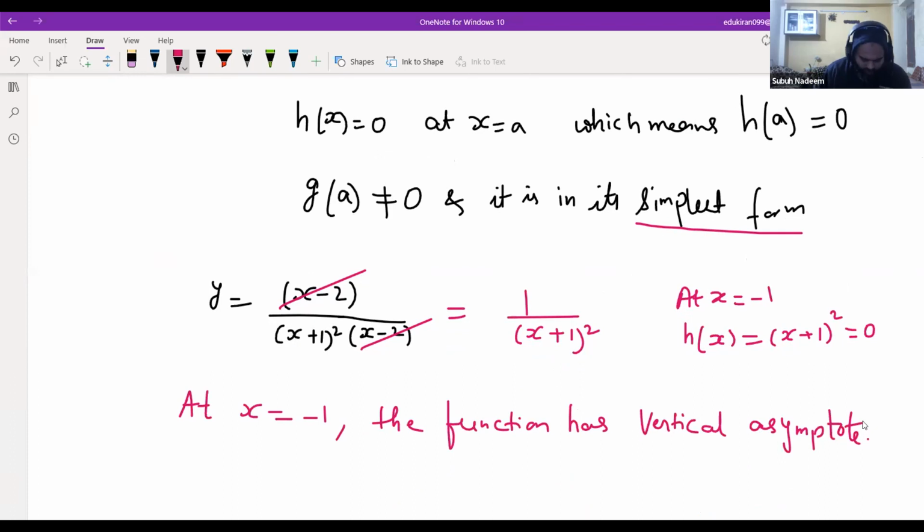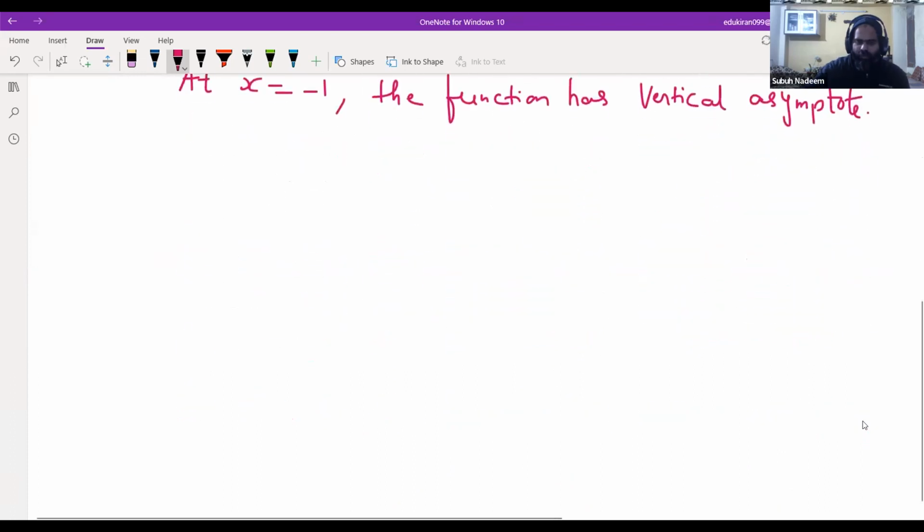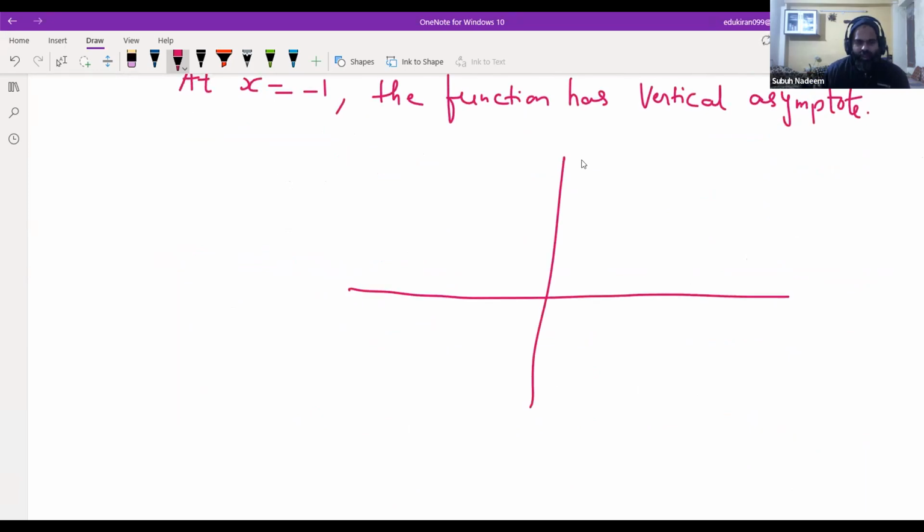So they have shown a graph also. The graph is something like this, that it is y and x axis like this. And the graph is in this manner, going like this. And then it is going like this. And there is an asymptote here. This is some other graph, not the example which I have taken.